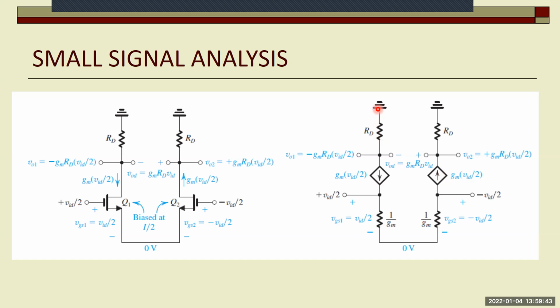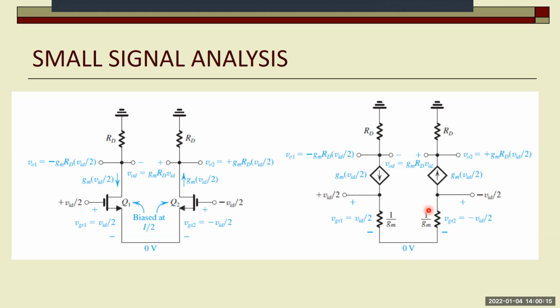So what is the output voltage? On one side it's the current multiplied by this resistance, and on the other side the current multiplied by that resistance. On one side, it's minus GM RD VID divided by 2. On the other side, it's plus GM RD VID divided by 2.